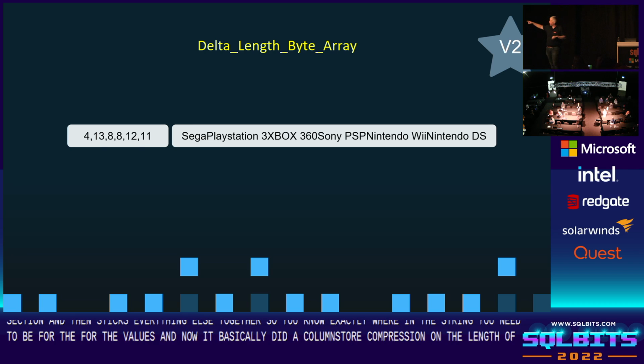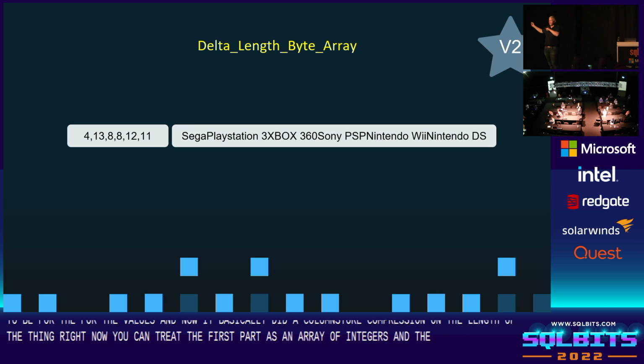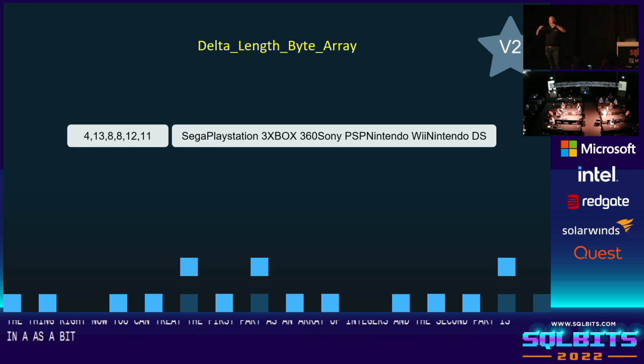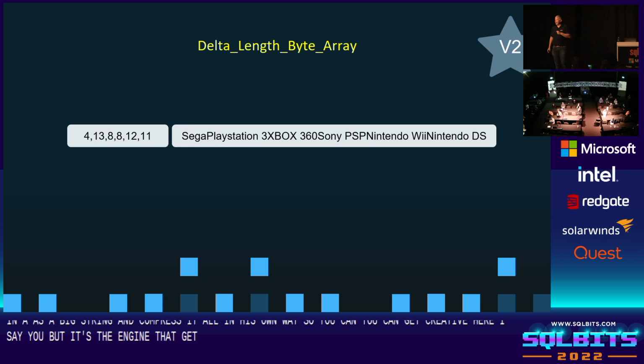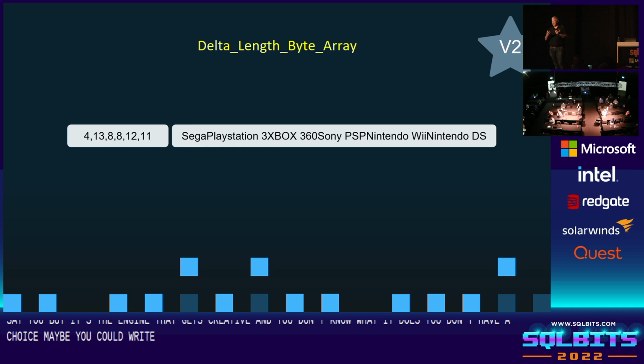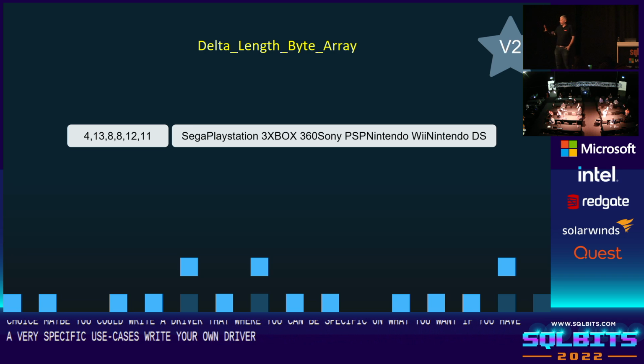Now you can treat the first part as an array of integers, and the second part as a big string, and compress it all in its own way. So you can get creative here. I say you, but it's the engine that gets creative, and you don't know what it does, right? You don't have a choice. Maybe you could write a driver where you can be specific on what you want. If you have a very specific use case, you write your own driver, as long as it's a valid Parquet format. It works.